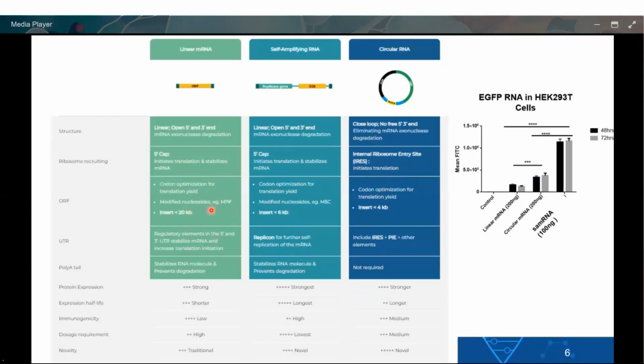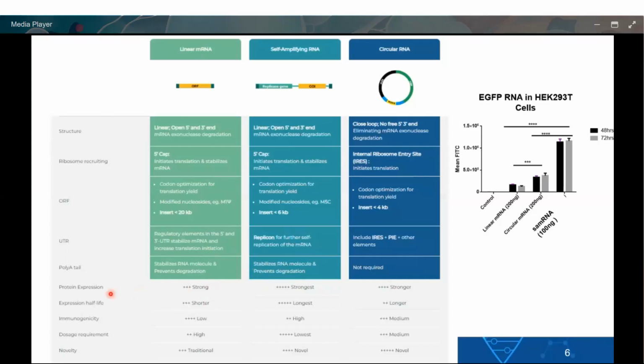For the ORF part, this insertion is below 20 kb, this one is below 6, and this one below 4. The UTR part is also different. And this circular one doesn't need a poly A tail, but these two need it for stabilization.